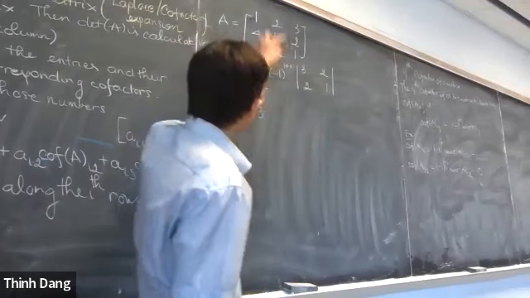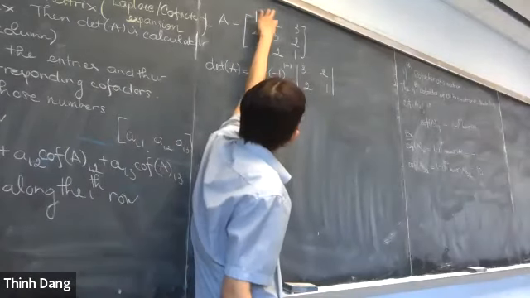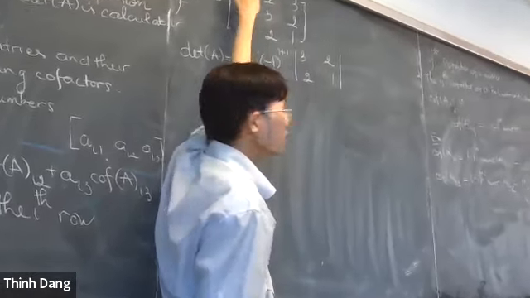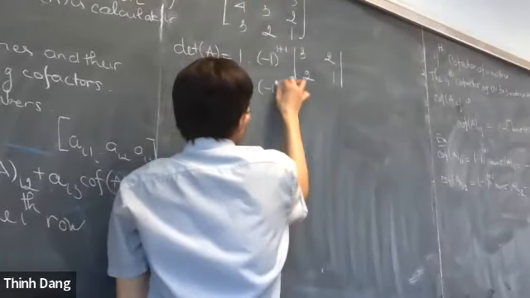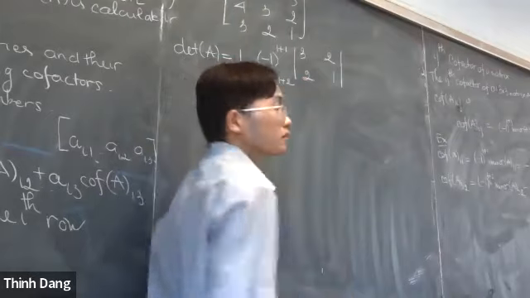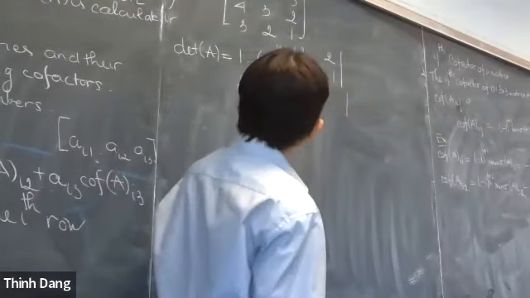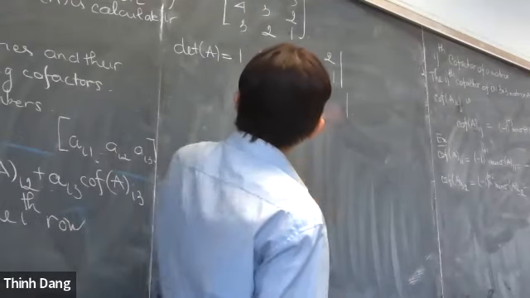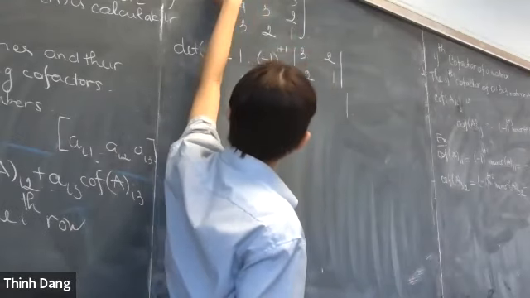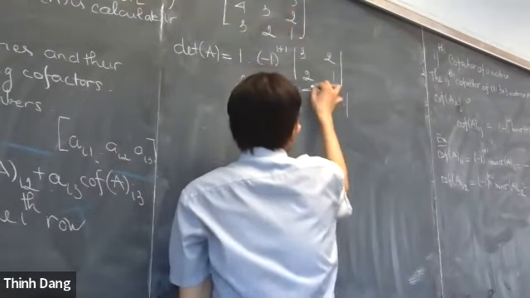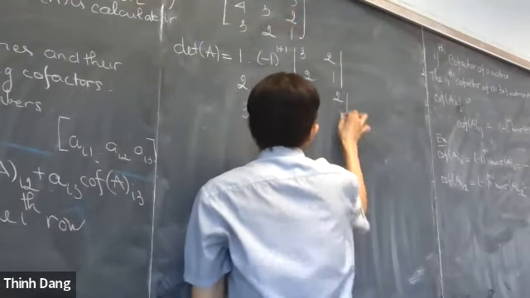Similarly, for the second entry, this is lying on the first row and the second column. So it should be 2. I'm going to multiply this with -1 to the power of 1 plus 2, and the corresponding minor should be the determinant of the matrix 4, 2, 3, 1.